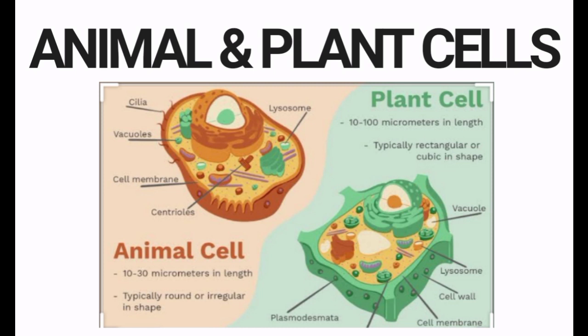Now, meron din tayo mga funny names para mas mabilis natin ma-memorize yung mga parts. When I say nucleus, that is the brain of the cell. We also have the mitochondria, which is the site of cellular respiration, chloroplast, which is the site of photosynthesis, and ribosomes, which are the site of protein synthesis.